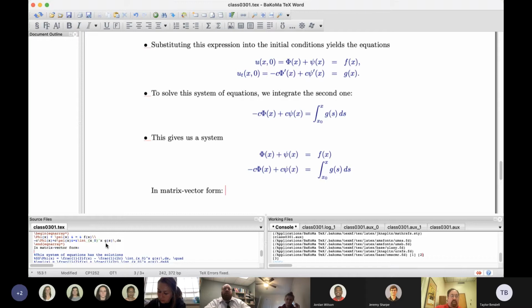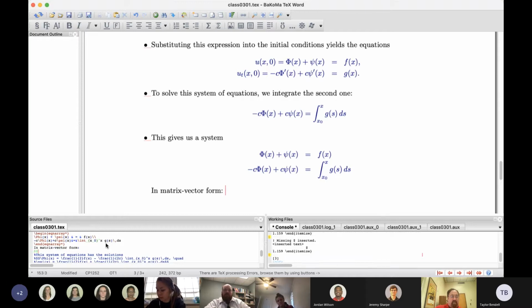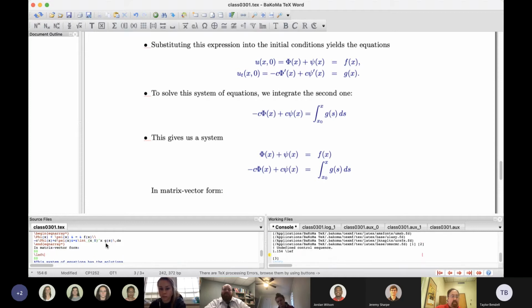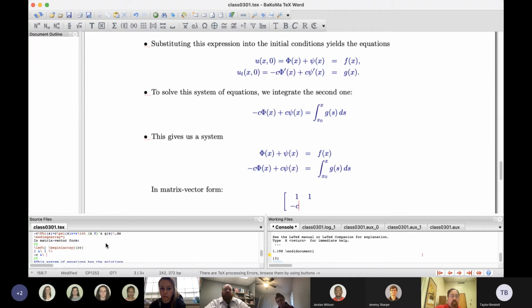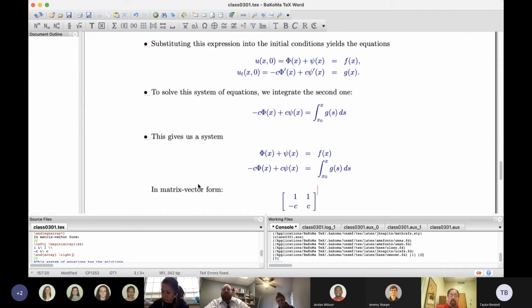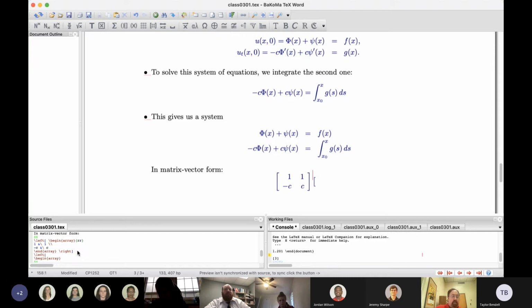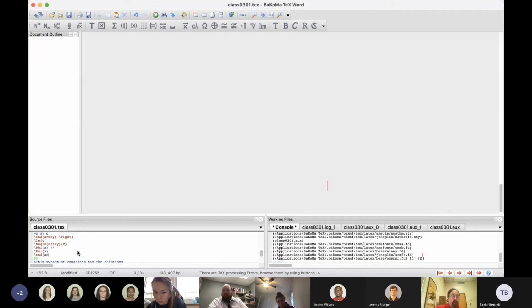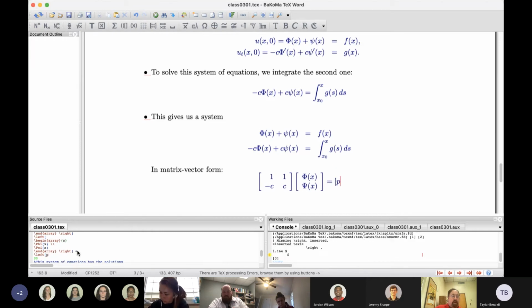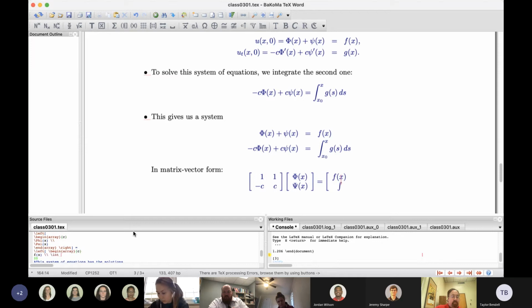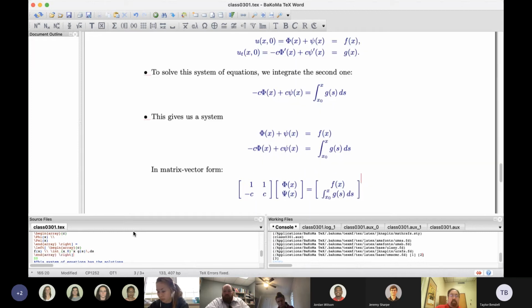So I need y'all to put on your linear algebra hats here. All right, so here we have a matrix of coefficients from the system, and then we have our vector, if you will, of unknowns, and then our right-hand side, which are functions also.